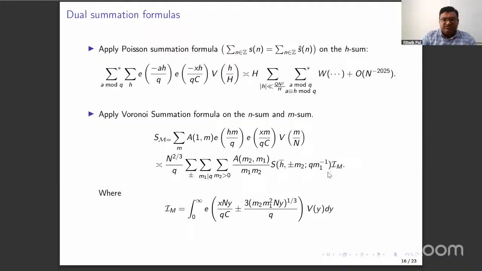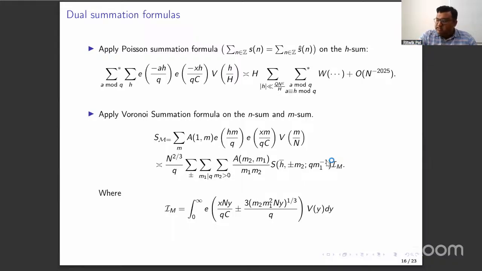You can get the Voronoi summation formula. It's even in our article. Yeah, in our article you can see. Okay, thank you, sir. Any other questions? We have not yet put our article on arXiv, although it has been sent for publication.